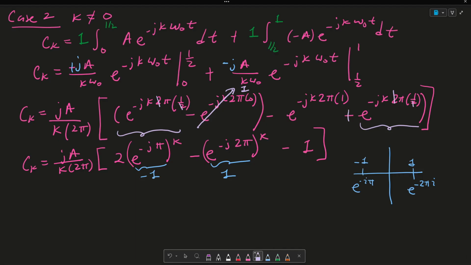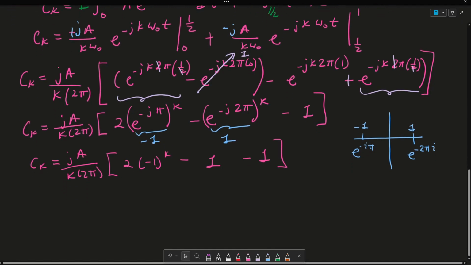So then we can go ahead and say then that ck is equals to ja over k times 2 pi. And then this becomes 2 times negative 1 to the k minus 1 to the k minus 1. But what we can say here is that no matter what this k is, this is always going to be 1. So then this becomes just a 1. All right.